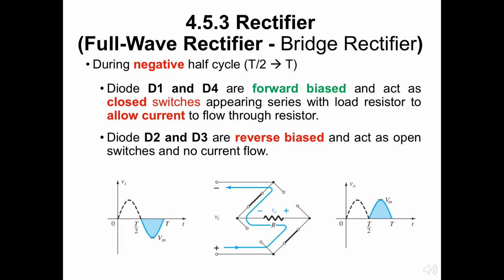For the negative region of the input, the conducting diodes are D1 and D4, resulting in the configuration of Fig 2.56. The important result is that the polarity across the load resistor R is the same as in the top right figure at page 15, establishing a second positive pulse in the rightmost bottom figure.